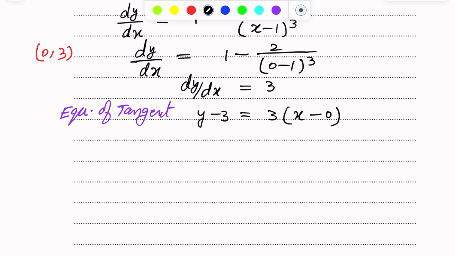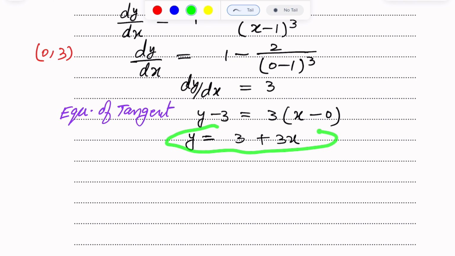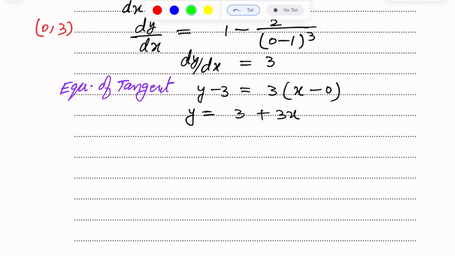So we get the equation of tangent: y is equal to 3 plus 3x. This is the equation of tangent. Now the equation of curve is also given.